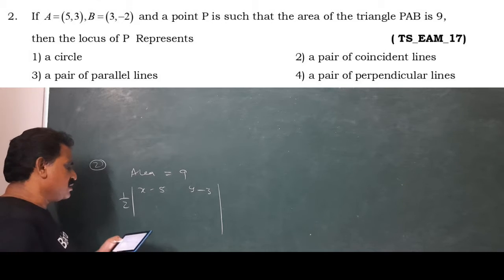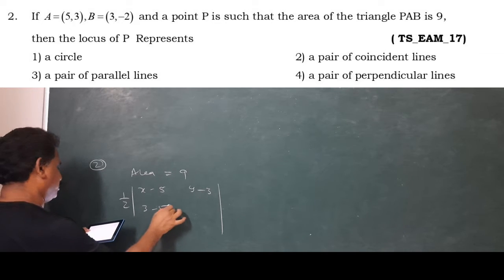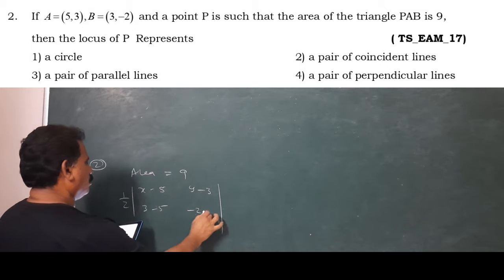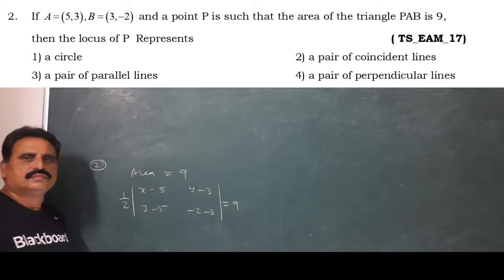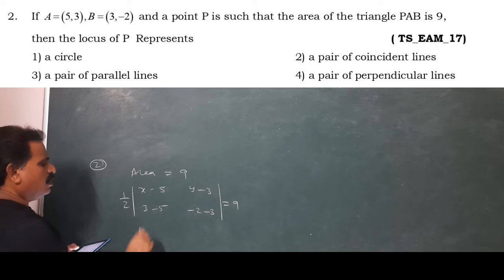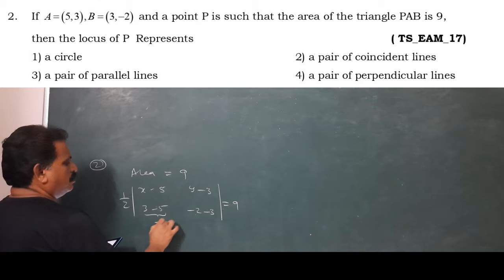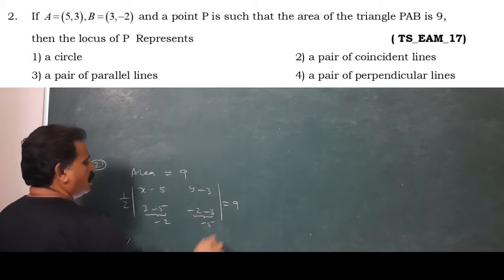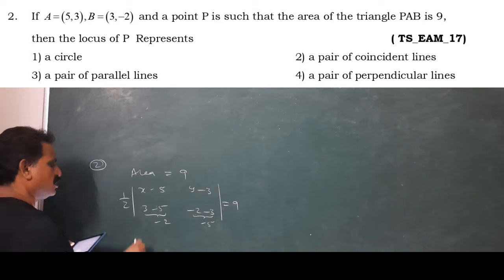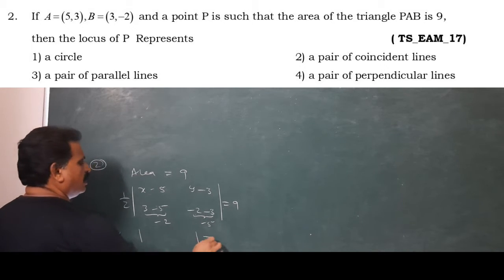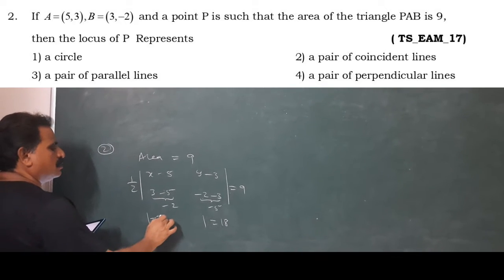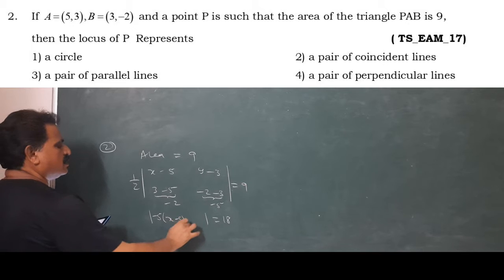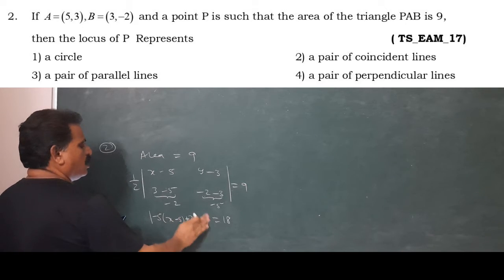Next x3 minus x1, 3 minus 5. Next minus 2 minus 3, and that area is 9. It is minus 2, it is minus 5. After simplification, we get modulus of a straight line equal to 18. That straight line is minus 5 into (x minus 5) plus 2 into (y minus 3).